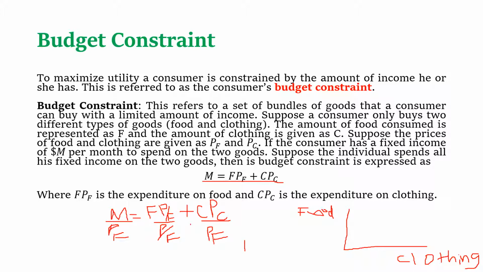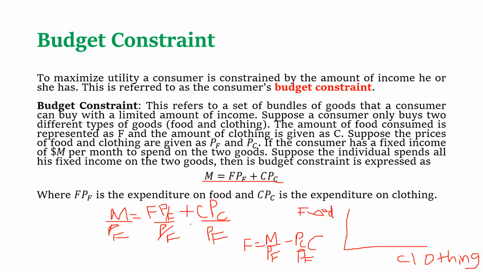So we're going to have F equals M over PF, and then minus, remember this CPC over PF, if we transpose that to the other side of the equation, we're going to have minus PC over PF, and then C, right?